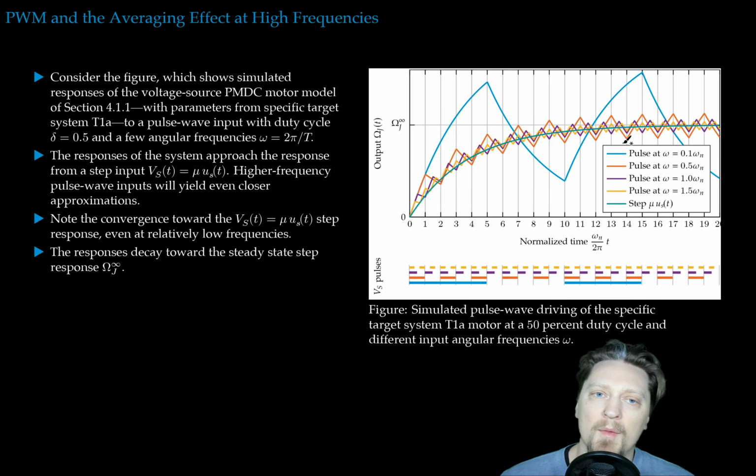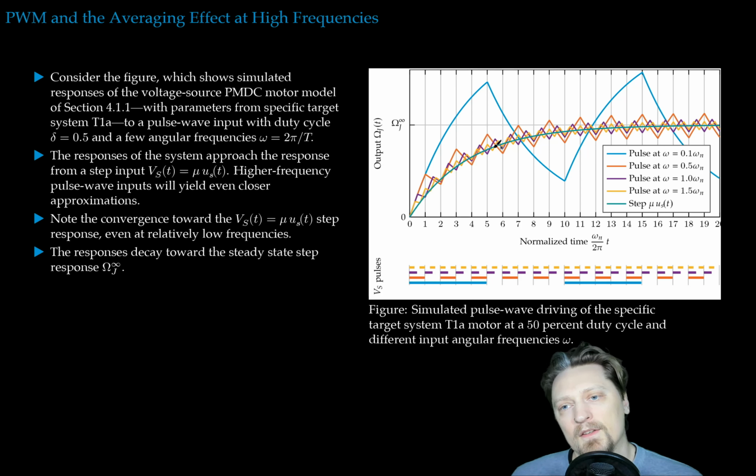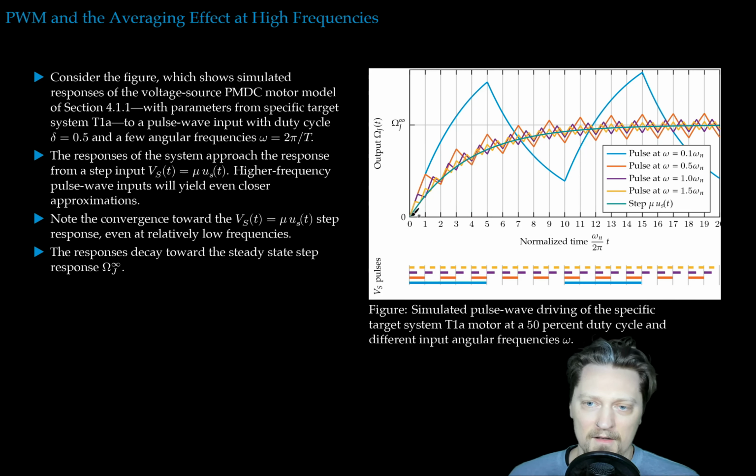Okay, so the PWM and the averaging effect at high frequencies. Consider the figure, which shows simulated responses of the voltage source motor model of section 4.1.1 with parameters from specific target system T1A to a pulse wave input and duty cycle of 0.5 and a few angular frequencies, omega equals 2 pi over T. So what we've done here is show the step response in teal.